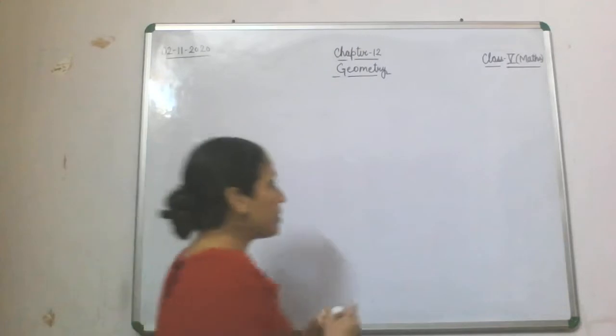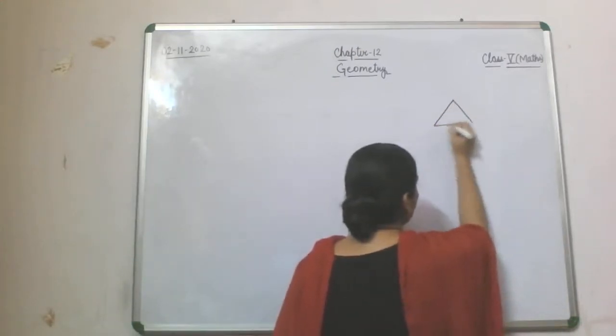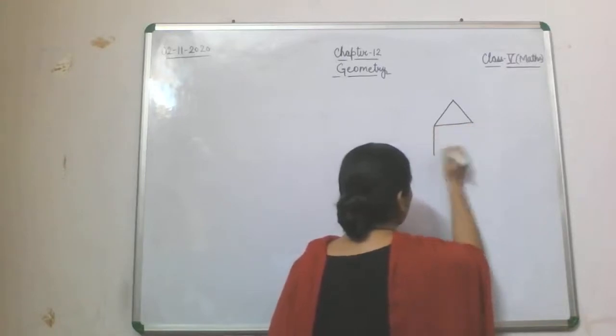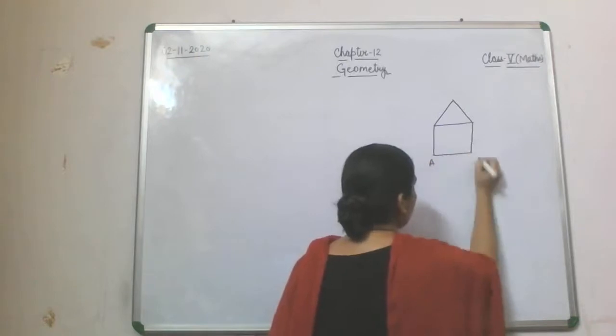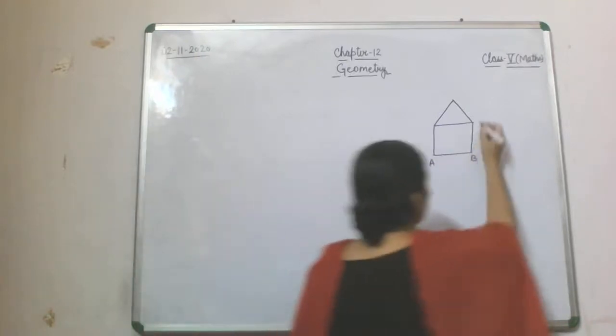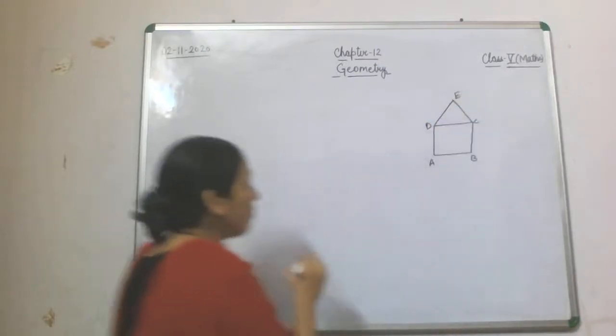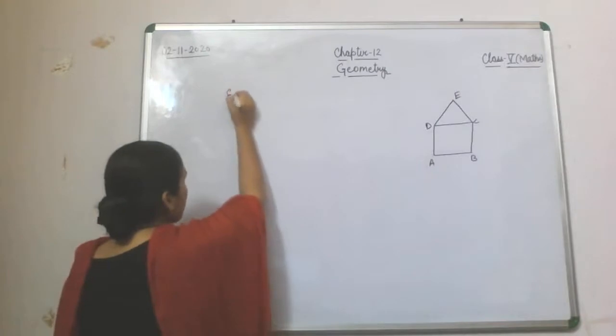One figure has been given to you, and that figure I'll draw over here. Look at the figure, and then what you are supposed to do? A, B, C, D and E. This figure is given to you, example 2.